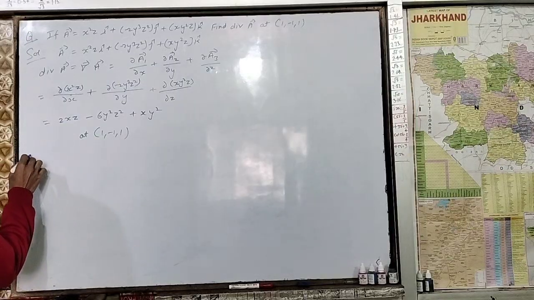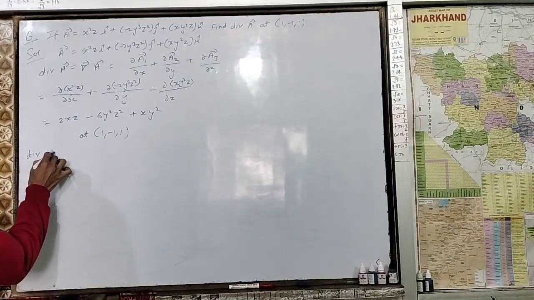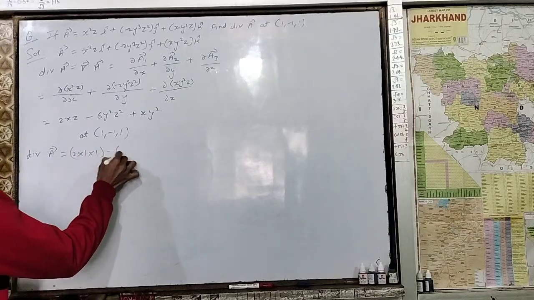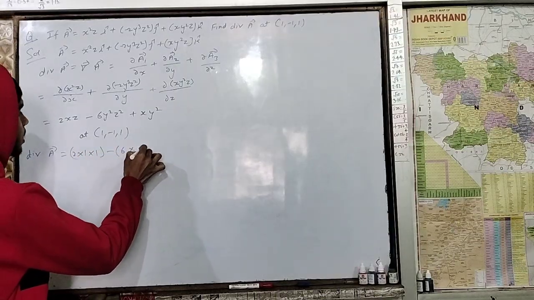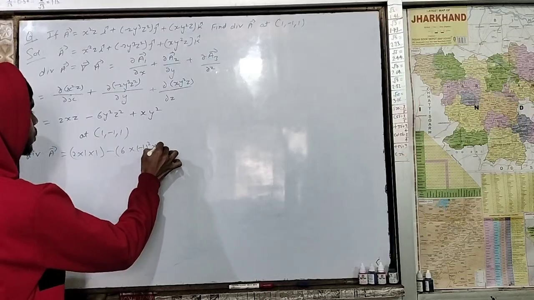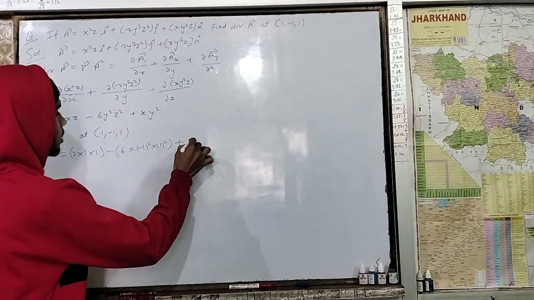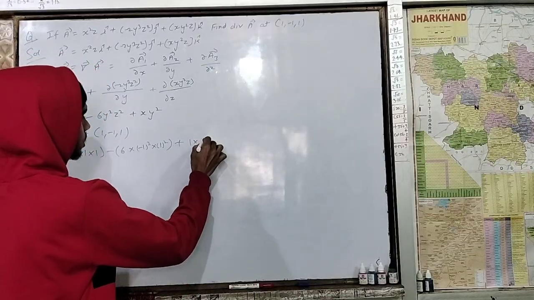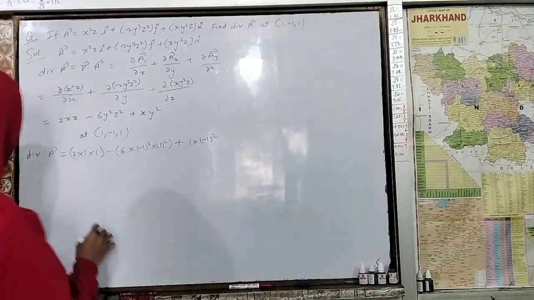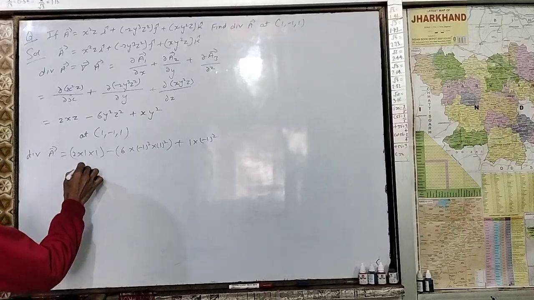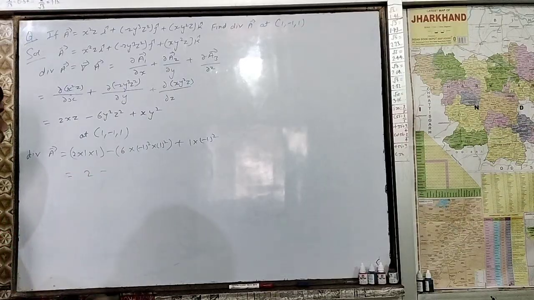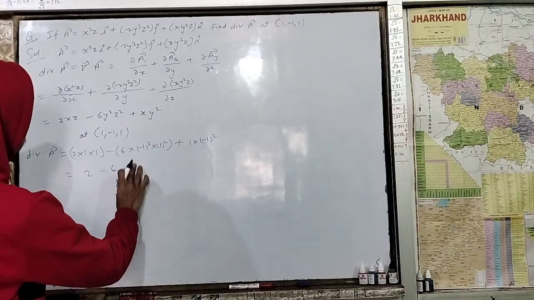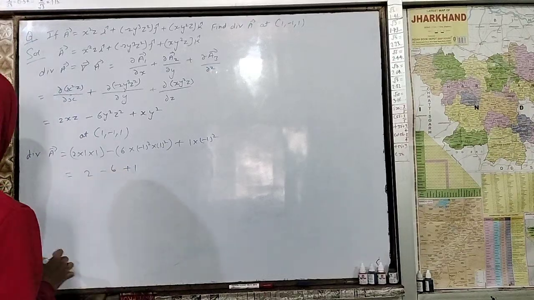So divergence dot A is equal to 2 multiplied by 1 minus 6 multiplied by minus 1 raised to power 2 multiplied by 1 raised to power 2, then plus the value of x, which is 1, and the value of y, which is minus 1 raised to power 2. Simplify it further, this will become 2 minus 6 plus 1 plus 1 plus 1.